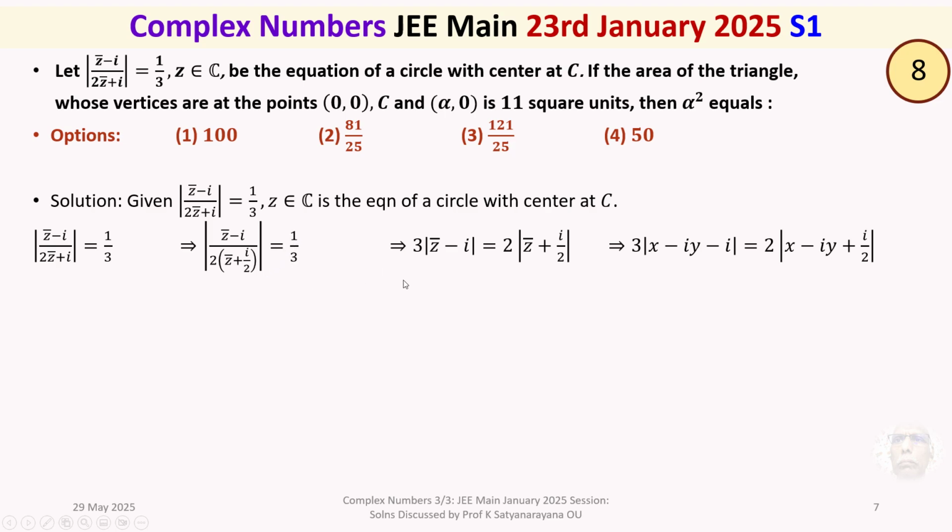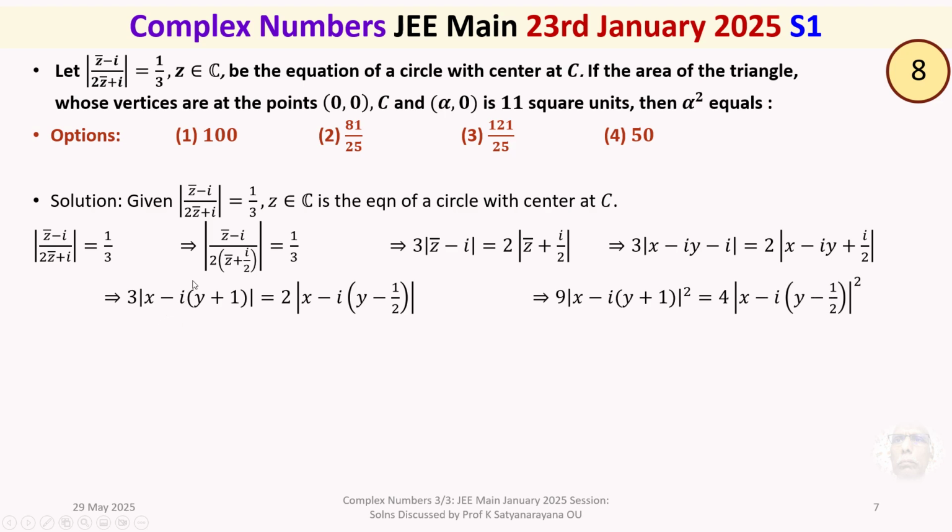This will imply, by cross multiplication, 3 times modulus of (z bar minus i by 2) is equal to modulus of (z bar plus i). For z, we write x plus iy, so z bar will be x minus iy. Wherever there is z bar, we write x minus iy. Now that is 3 times modulus of x minus i times (y plus 1) is equal to 2 times modulus of x minus i times (y minus 1 by 2).